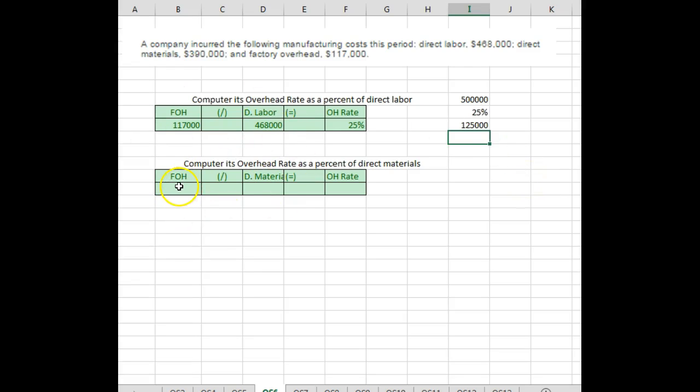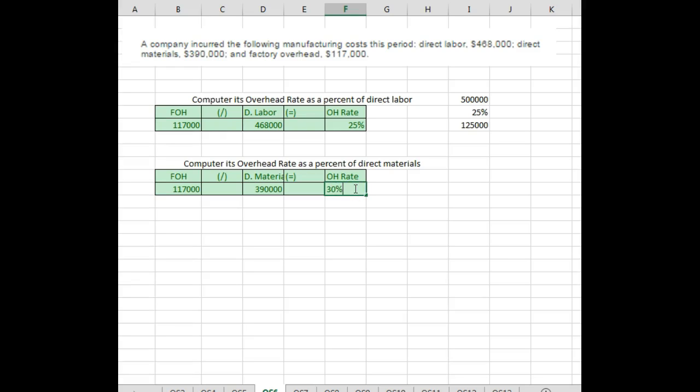Let's do the same thing. Materials. You can use materials because it's a direct driver, so it's 117. Just whichever is closest and most representative of the product. And now if I divide 117 by 390, I come up with 30%.